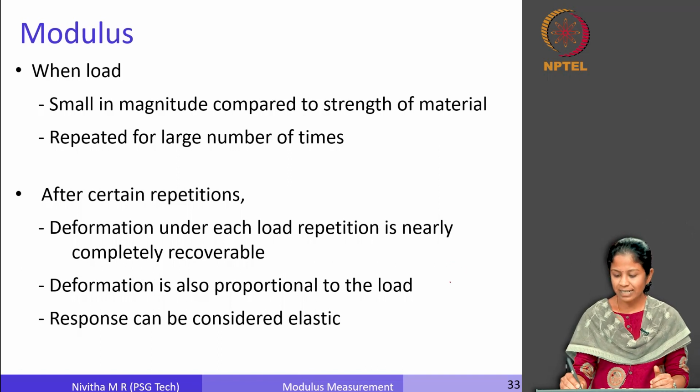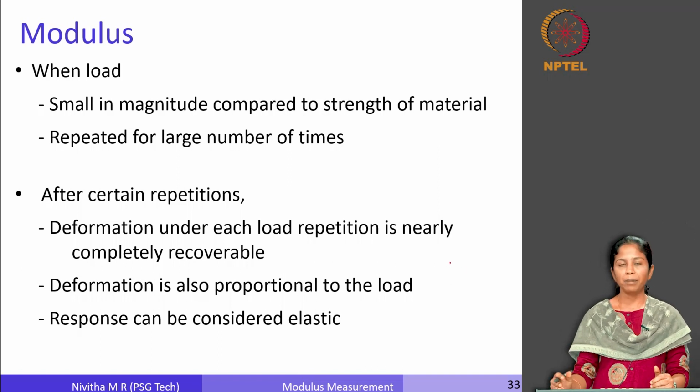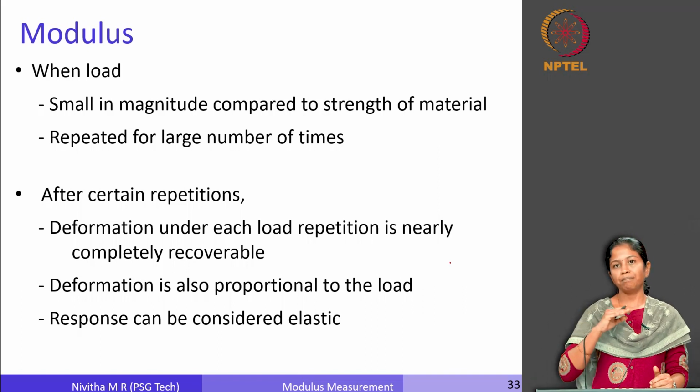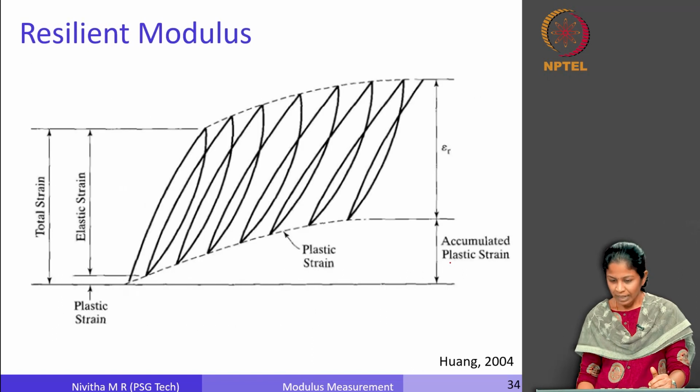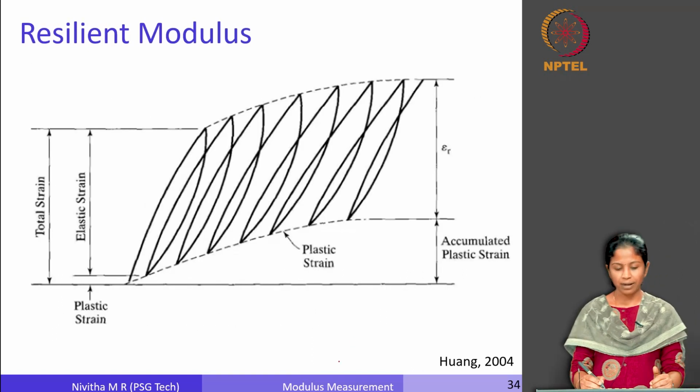So, there is an initial stage where there is permanent deformation, and after certain number of repetitions, the permanent deformation is almost insignificant and it is considered that all the strains are completely recoverable. Then the material is considered to reach an elastic state, and there the deformation is proportional to the load applied. So, in that case, the material's response can be considered to be elastic. Let me now show this to you pictorially.